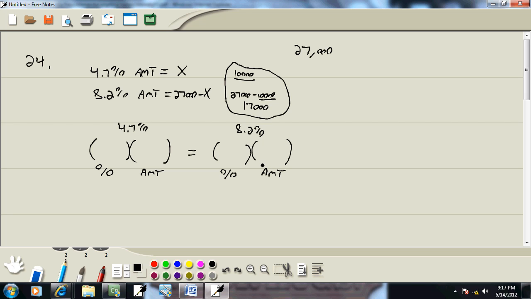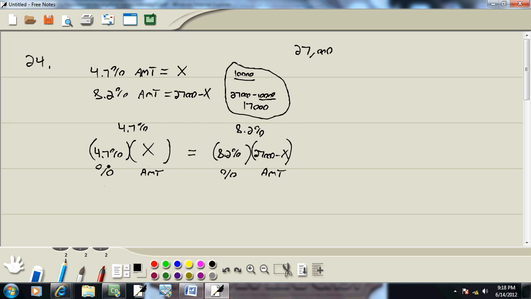When you're figuring interest, you take your amount times your percent. This percent here would be 4.7%, and this one's 8.2%. Now, we said the 4.7% amount was X, so this is going to be X, and the other one will be 27,000 minus X.